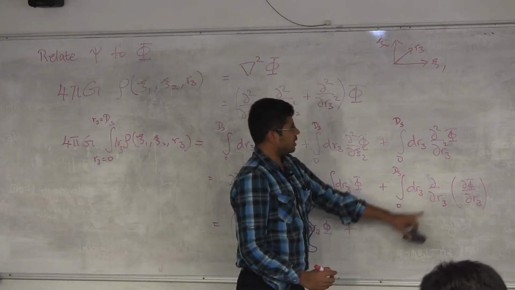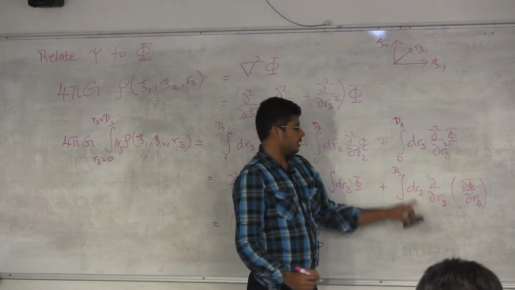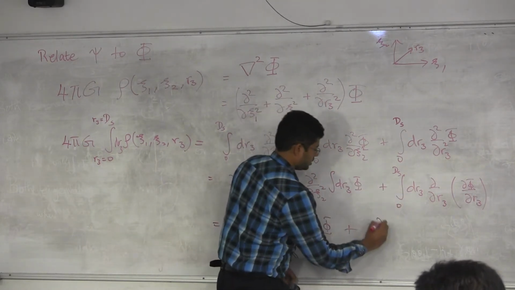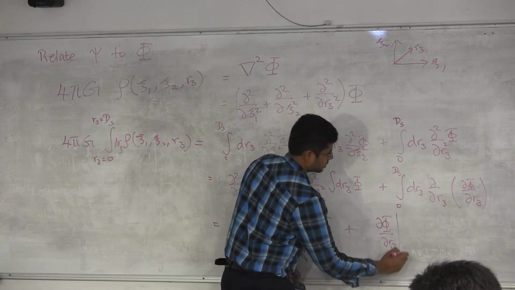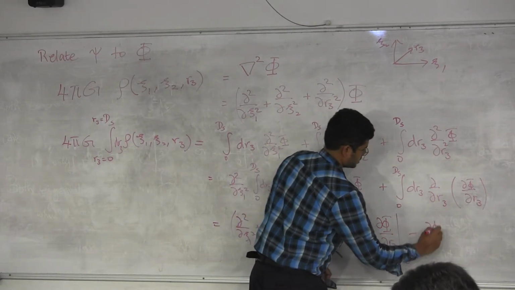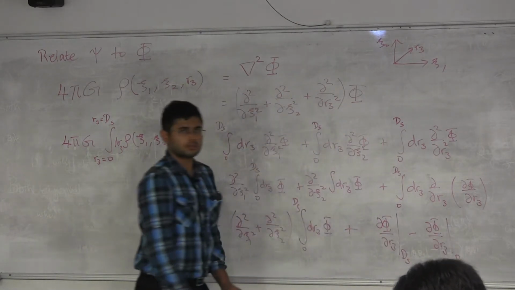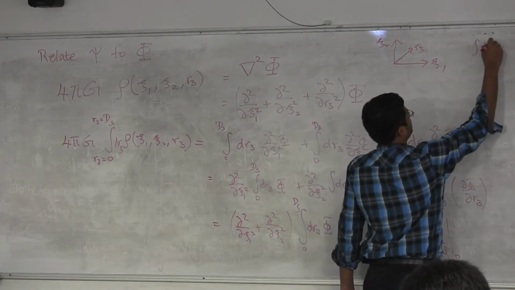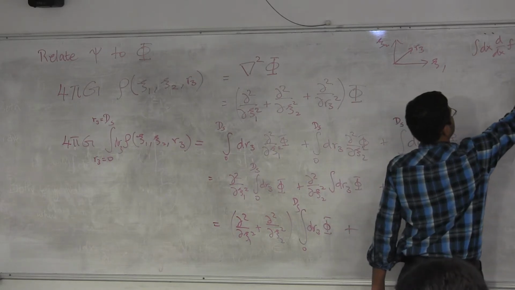So this is like saying if you integrate a derivative, you should get back the same function. But this is a definite integral, you have the limits. So this would mean you get d phi by dr3 evaluated at ds minus... this is similar to saying the integral of dx d by dx of some f of x is f of x.